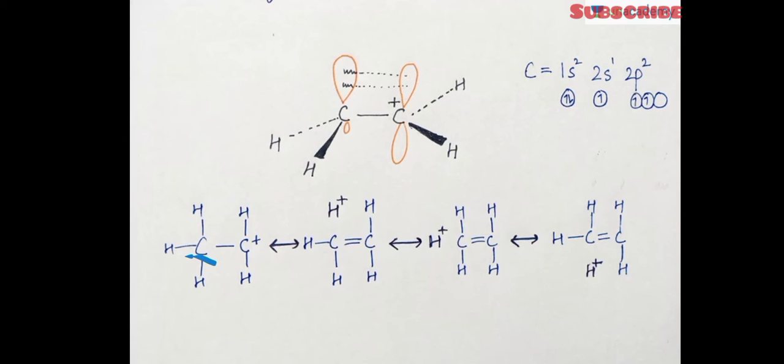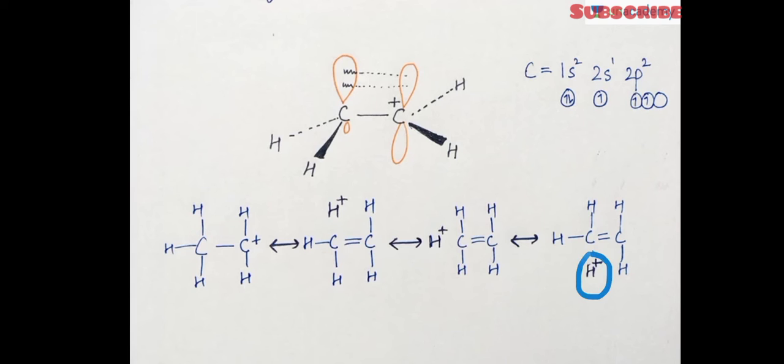Since we have 3 carbon hydrogen sigma bonds, any of these 3 sigma electrons can be involved in hyperconjugation. So if this hydrogen was involved, the second one, again a double bond would be formed between these 2 carbons and a hydrogen positive ion would be produced here. In a similar way, a third case can be when this hydrogen atom participates in the hyperconjugation, and we again get a double bond and H+ ion here.